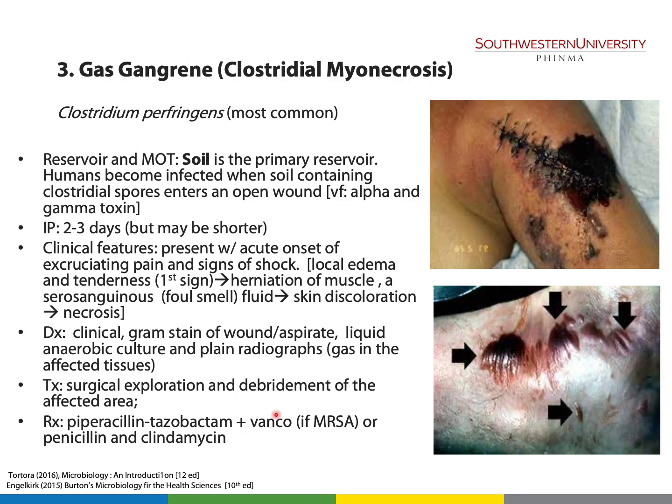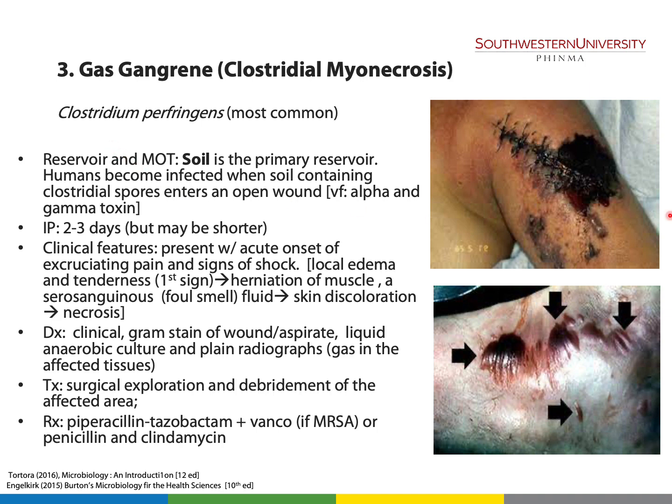The next one is gas gangrene, or Clostridial myonecrosis. It is caused by Clostridium species, of which the most common is Clostridium perfringens. The reservoir of this organism is soil. Humans become infected when soil containing Clostridial spores enters an open wound.